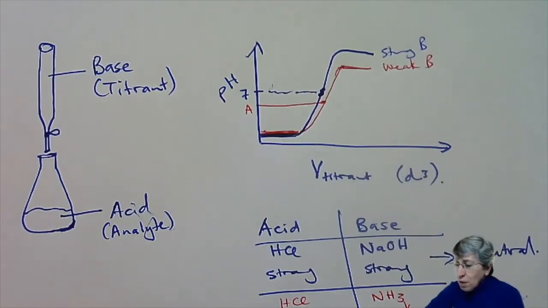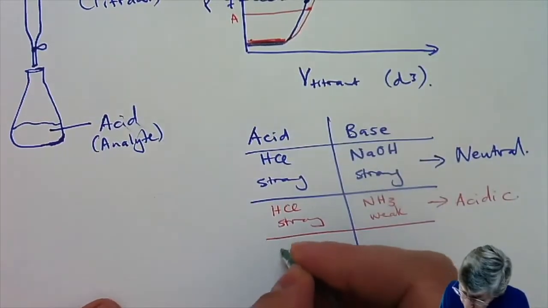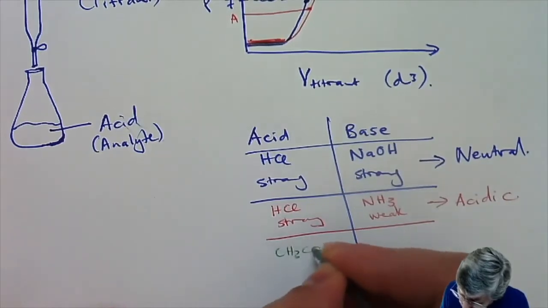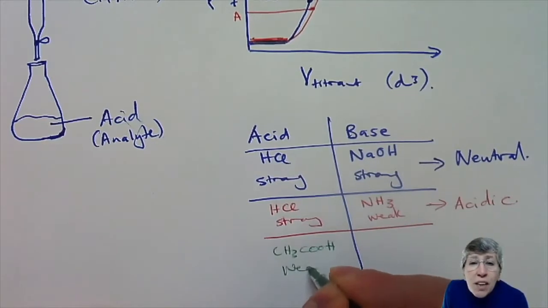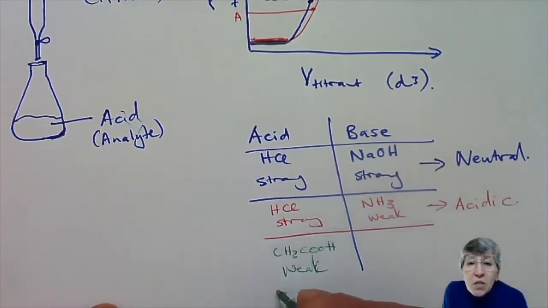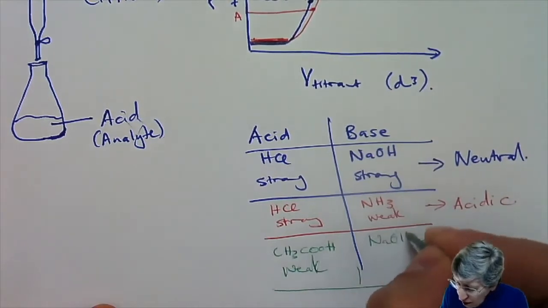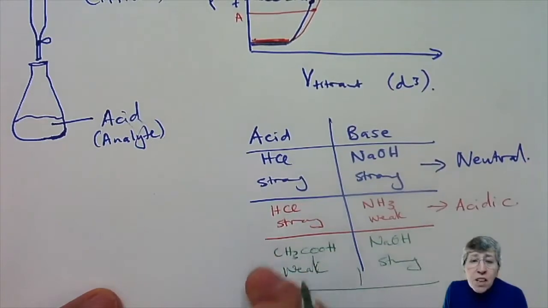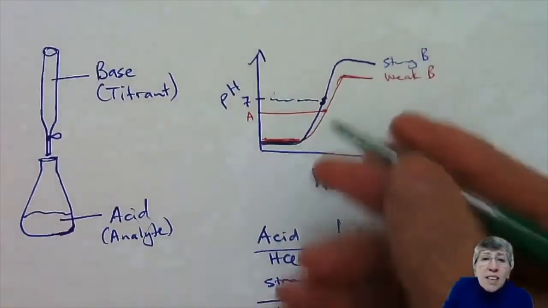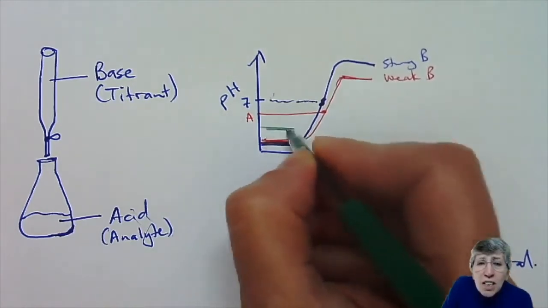So let's take the final one, and now we are going to use CH3COOH, acetic acid or ethanoic acid. And what do we know? This is a weak acid, right? And we're going to react that with NaOH, which is a strong base. So now I've got a weak acid. What does that tell you? The pH that you start off with is not as low, right?